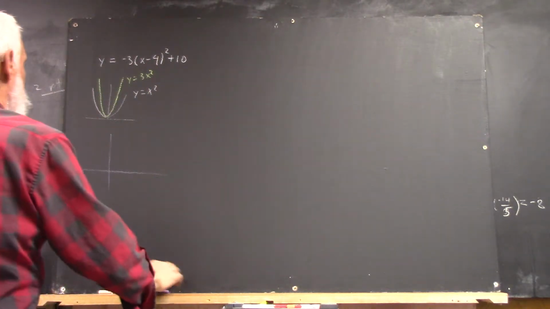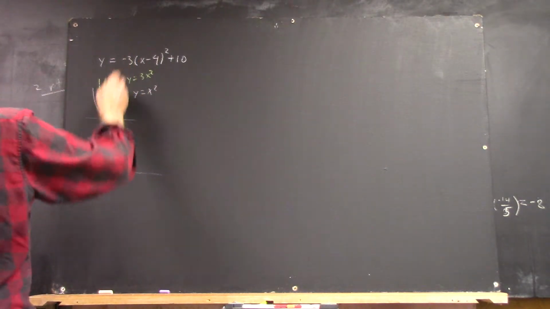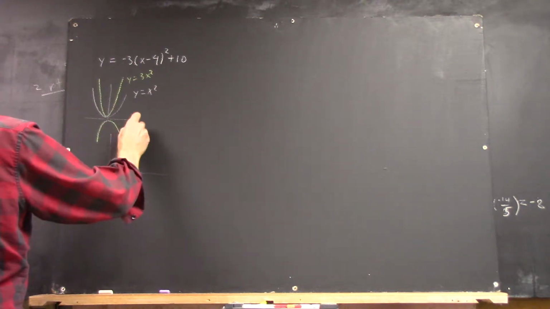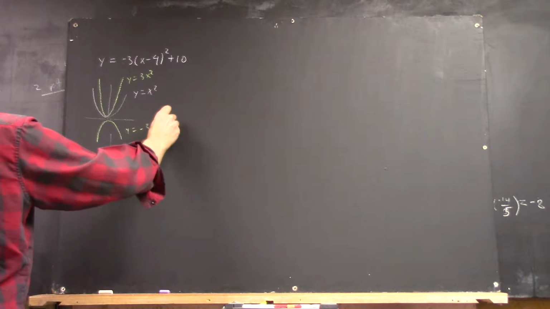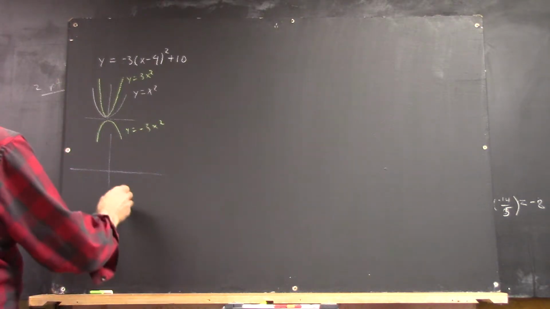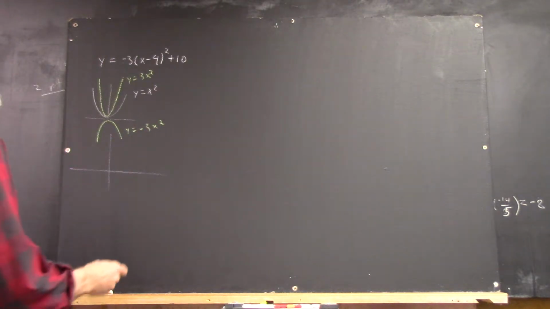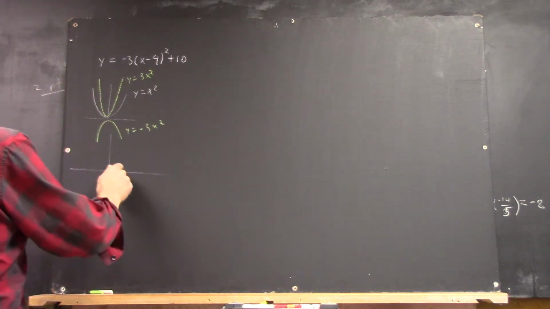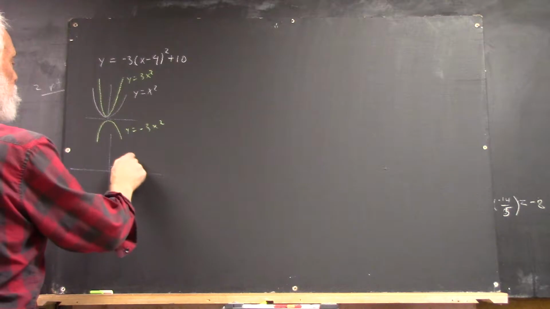Actually, you do that, but then you've got the negative, which I didn't account for. So here's y equals -3x squared, right? Now we shift it horizontally 4 units and vertically 10 units.